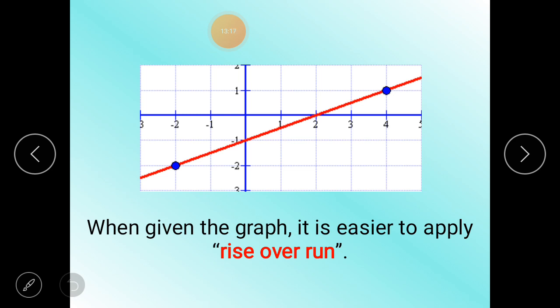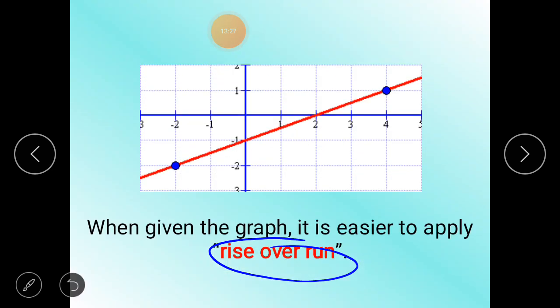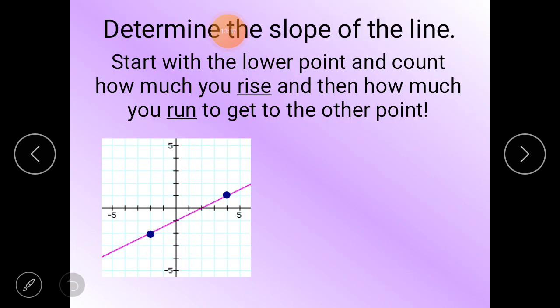When given the graph, it is easier to apply rise over run. So how do we do rise over run? Determine the slope of the line. Start with the lower point and count how much you rise and then how much you run.